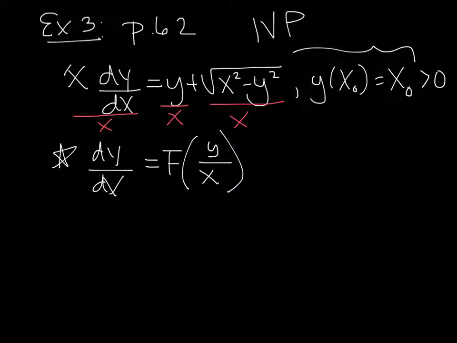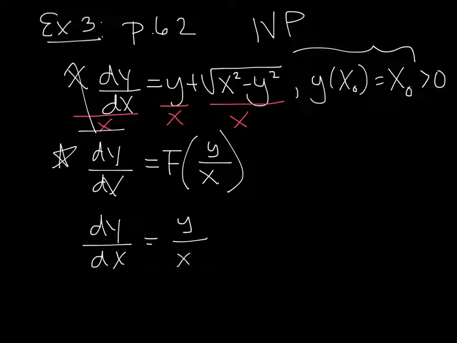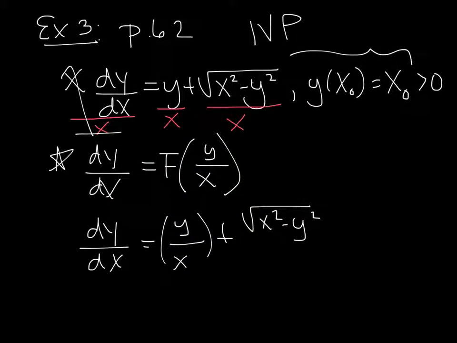So obviously this is a 1. dy/dx equals y over x, all right, so we're happy about that part, plus the square root of x squared minus y squared all over x. Okay, so we have a nice y over x.